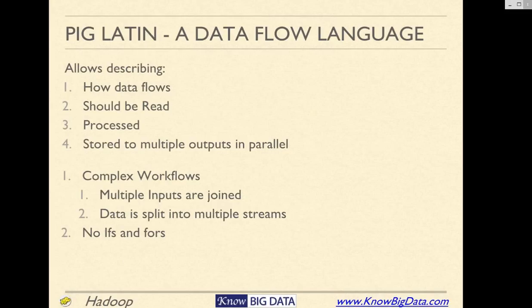So in the second statement where we say foreach input generate flatten tokenize line as word, we are basically just converting these lines into words. Then we are grouping the words. So we are grouping the output of the previous statement by word, and then we are just doing a count of the words, right?